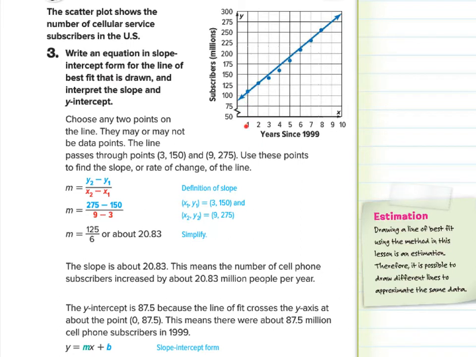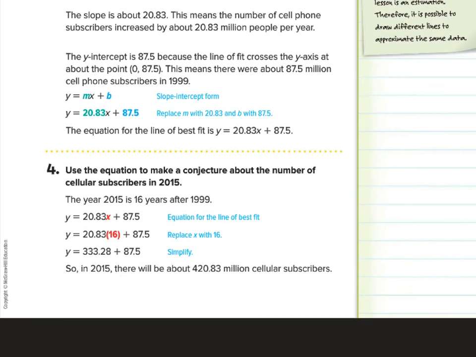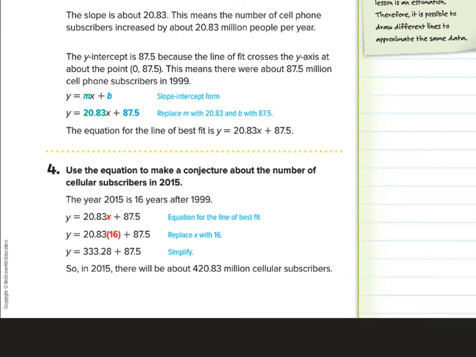So 1999 being 0, then we have 2000, 2001, and so on. So the year 2015 would be 16 years after 1999. So in 2015, 16 years after, we would use the number 16 to replace our x, and we solve. And we have about 420.83 million cellular subscribers in 2015.